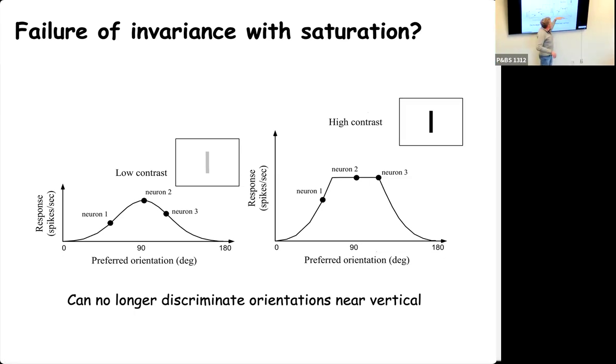What that means is that the output activations in my machine learning system, or the output firing rates of my neurons, are going to hit a ceiling. And instead of having this nice, bell-shaped curve from which I could read out information about the stimulus, I am now capped, and I can no longer discriminate orientations at high contrast.